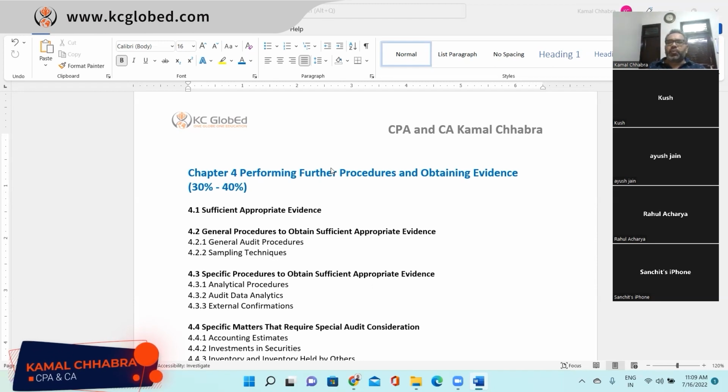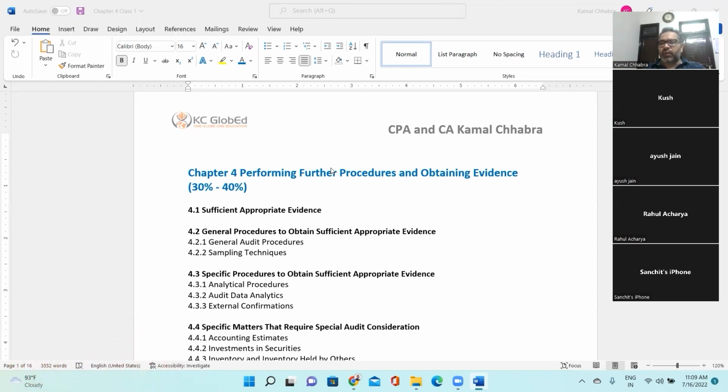For example, if you have to test cash and bank, what procedures you'll be performing: the bank reconciliation, cash count, confirmation from the banks, and some control testing as well.